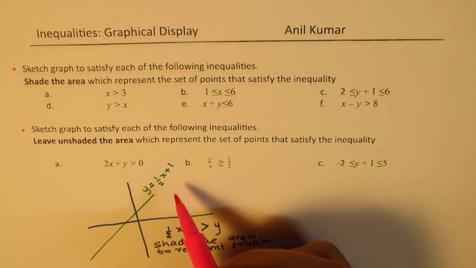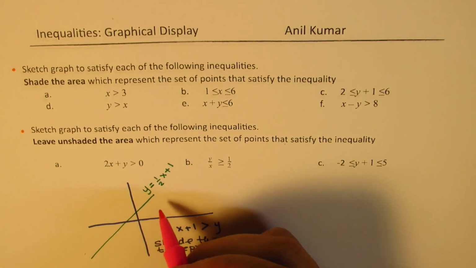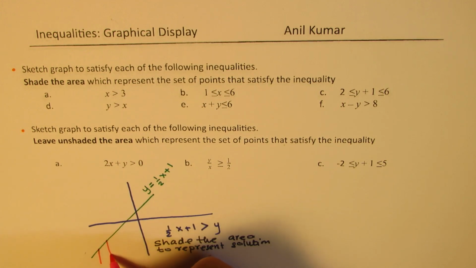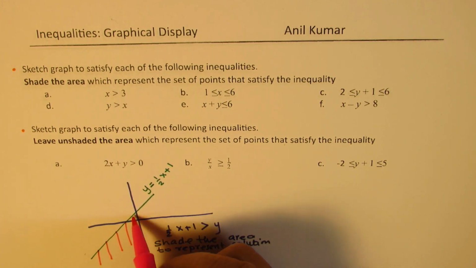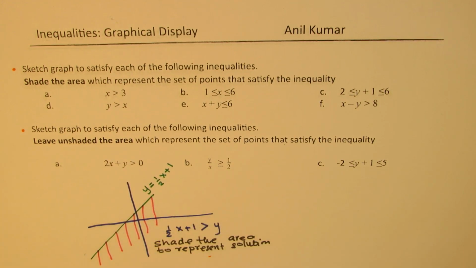Now, since y is less than this value, what we need to shade here is the area moving downwards. You may draw arrows also, right? But that's the area where we are saying that y is less than half of x plus 1. We have shaded the area which represents the solution, right?